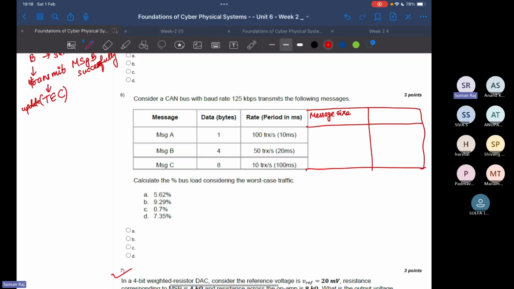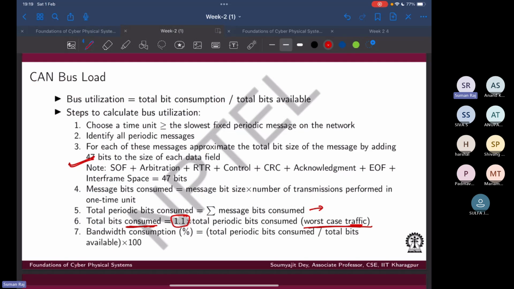But that's why even in this question they ask you to consider the worst case traffic. Maybe there should be some physical meaning to this, but yeah, I'll just check as to why exactly 1.1 is being multiplied over here.